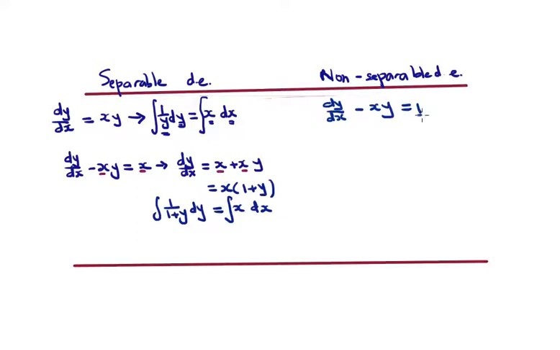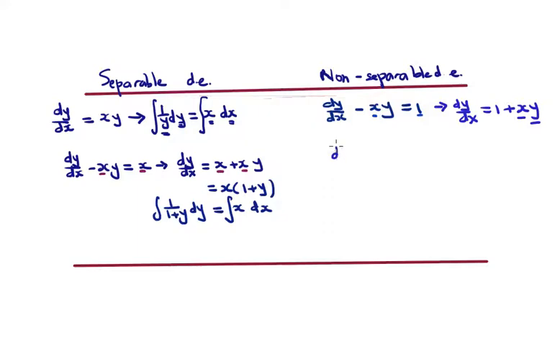This is a number, this is x. You cannot factorize out. Let us try. Even though you add xy to both sides, we still cannot separate the x and y.